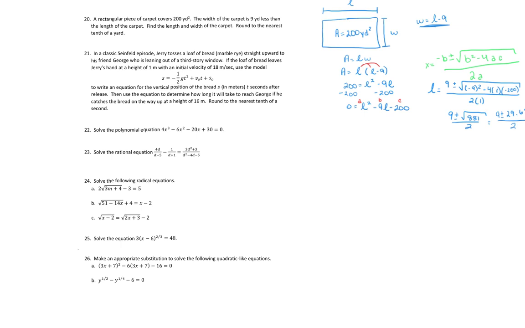So it'll be something like 9 plus 29.681 over 2, and 9 minus 29.681 over 2.